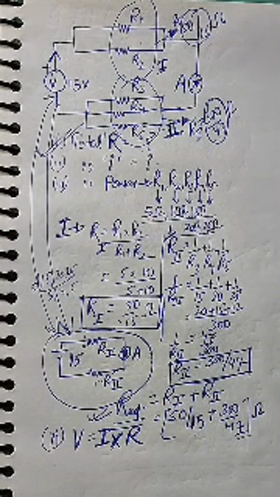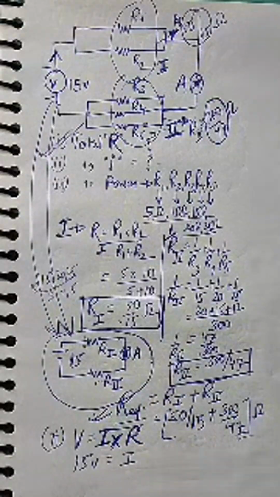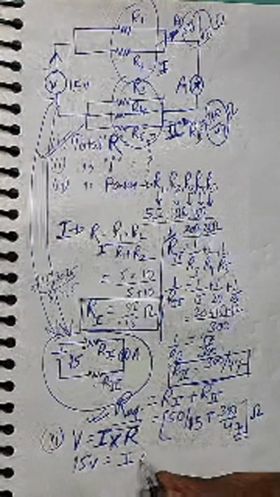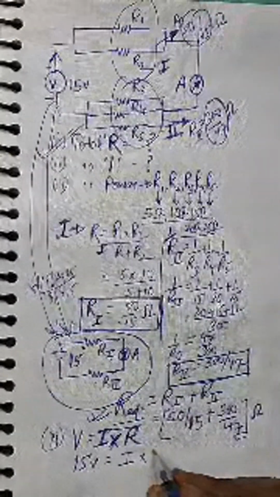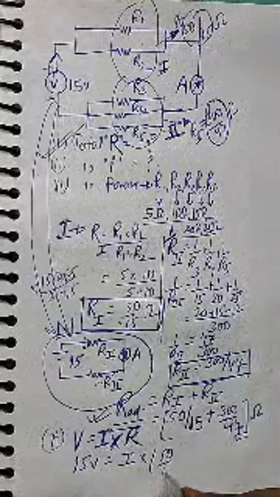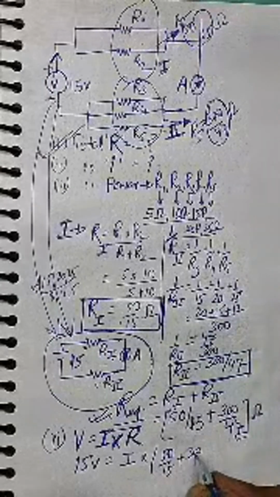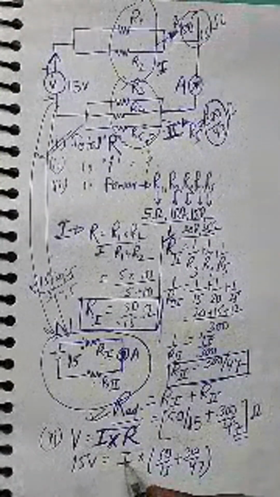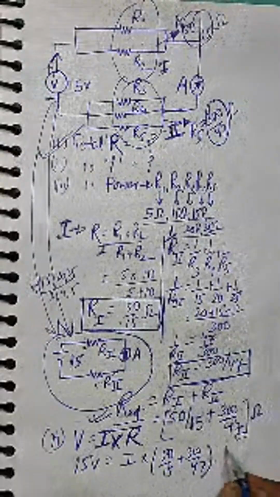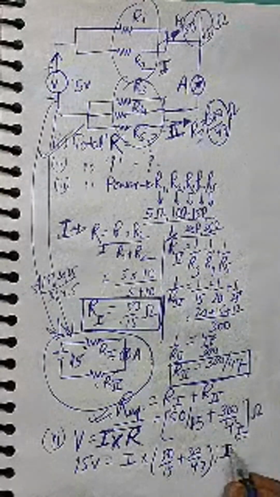V equal to IR, and V is given to you as 15 volt. I is not known to you, that will be acting as a variable, and equivalent resistance we have calculated, that is 50 by 15 plus 300 by 47. Okay, so in this way I is calculated.